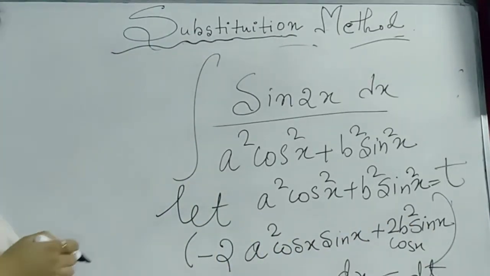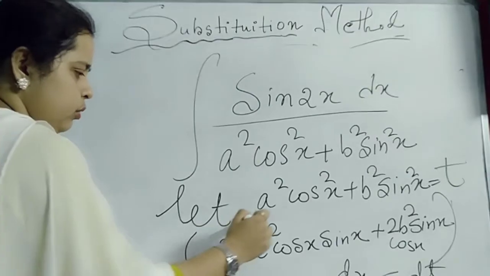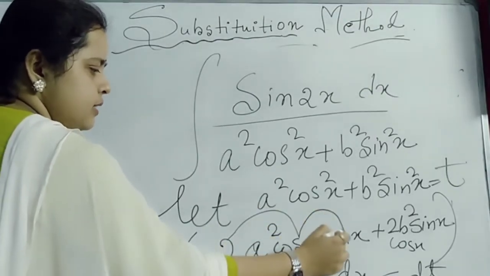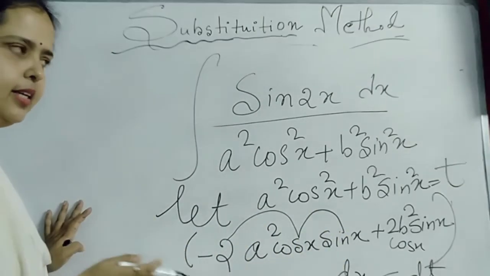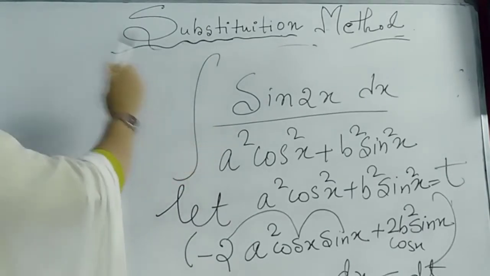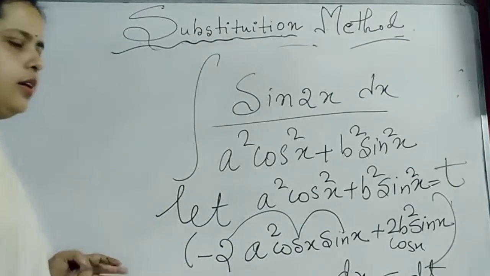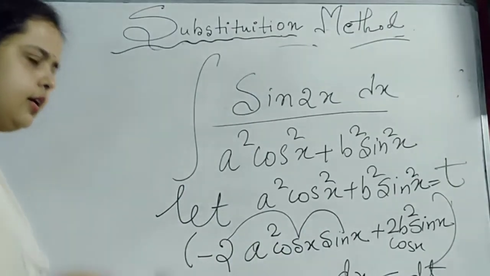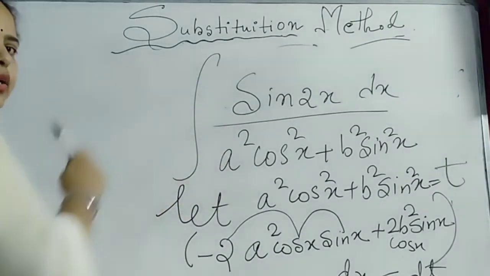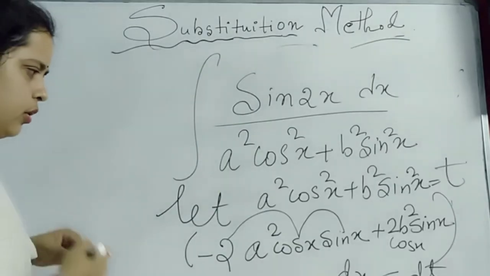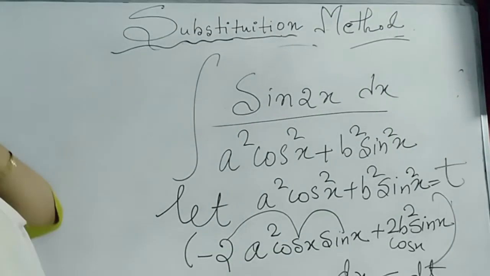What are you finding, my dear children? 2 cos x sin x. Whose formula is this? Sin 2x. 2 sin x cos x. Again, whose formula is this? Yes, sin 2x. So don't you think sin 2x is common out of it?